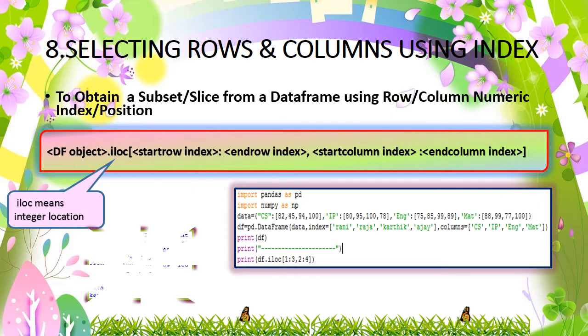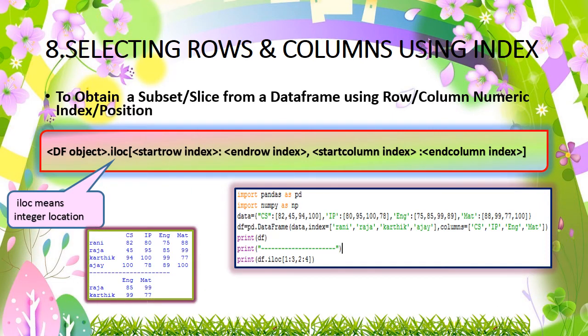The data frame is displayed, and df dot ILOC 1 colon 3, that means 3 minus 1, 2. So the first and second rows are going to be fetched, Raja and Karthik, and in these rows we are going to fetch the columns 2 colon 4. So the second and third columns, because the end value is always 4 minus 1, so 2 to 3 columns only. English and maths columns are displayed for the Raja and Karthik rows.